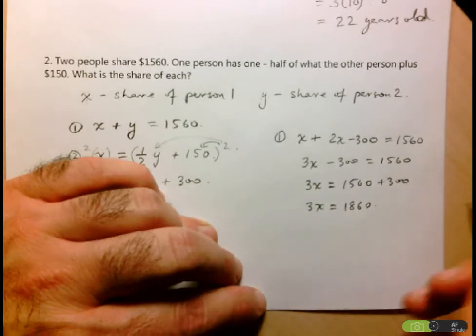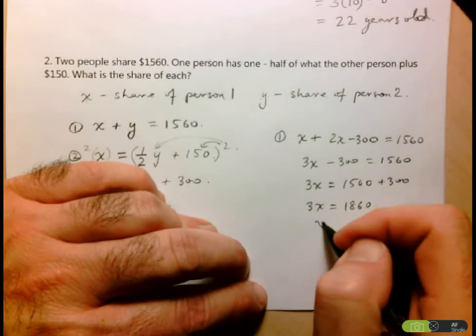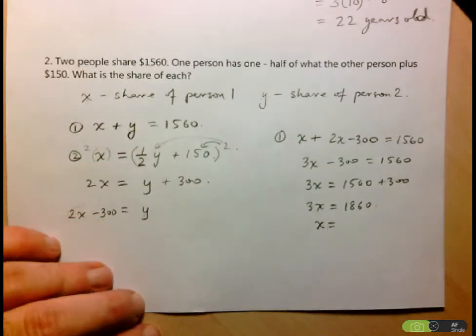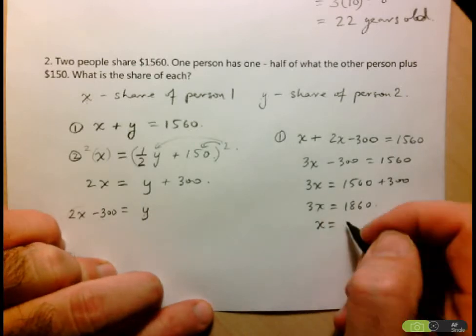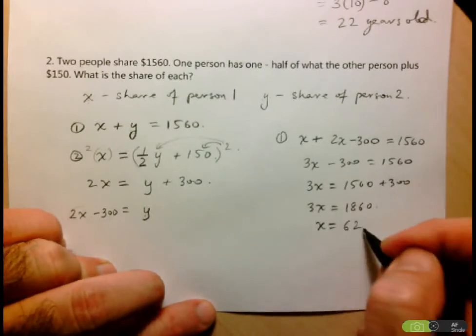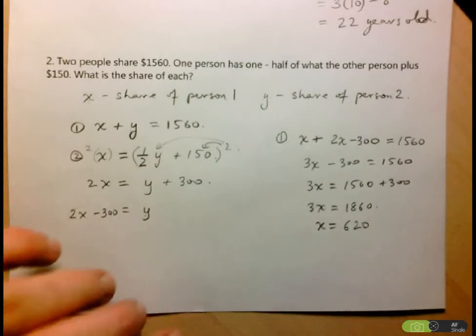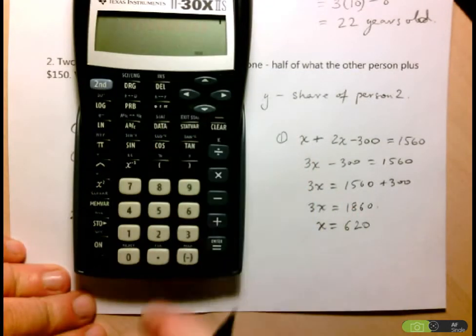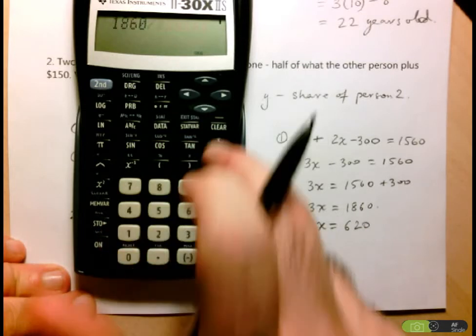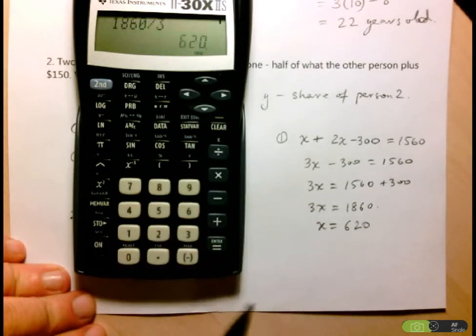Use your calculator if you need to. And then here x is equal to, well, let me do it in my head here. 18 divided by 3 is 6, so 6. 6 divided by 3 is 2. And then we've got the 0. Just to be sure, let me check. 1860 divided by 3 equals 620.